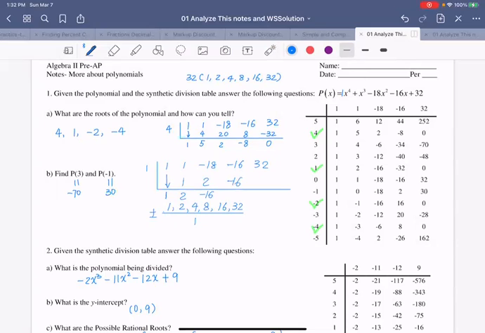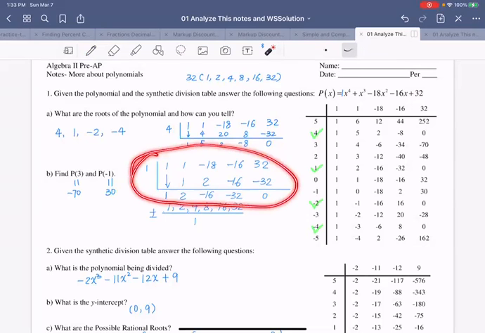Next, negative 16 minus 16 is negative 32. 1 times negative 32 is negative 32. 32 minus 32 is 0. That makes sense? So when you see 0 here, that means this one is a real root.